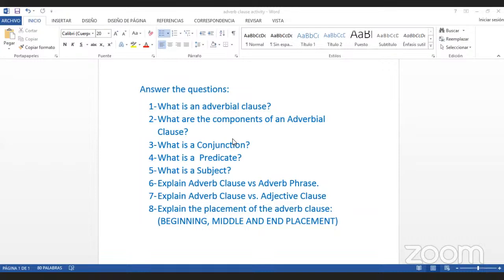In both cases, the words play the adverb role, but with one key difference. An adverbial clause contains a subject and a verb, while an adverbial phrase does not.